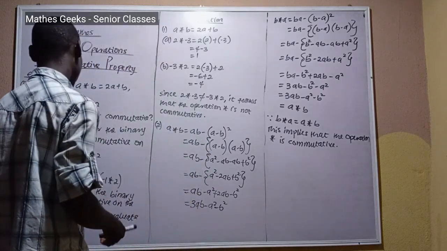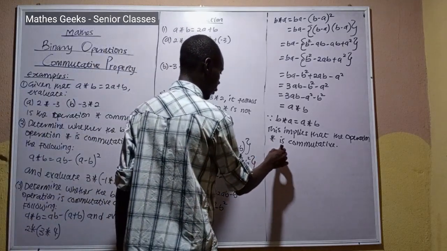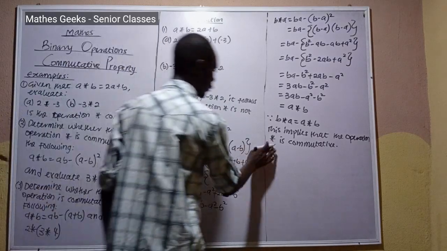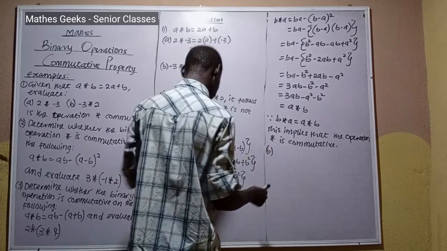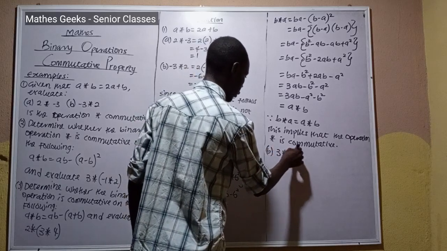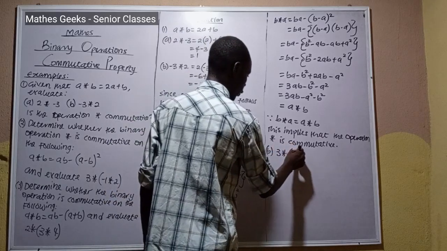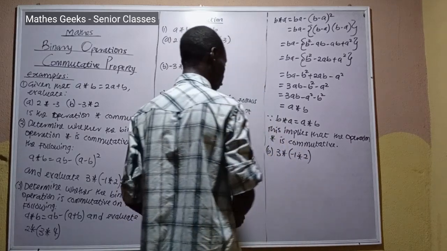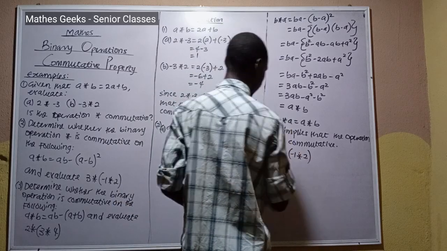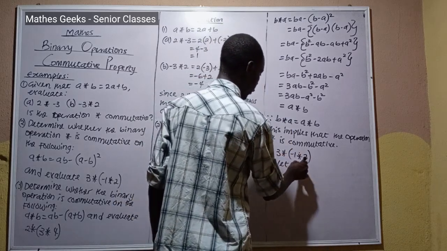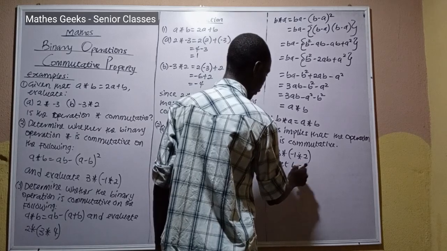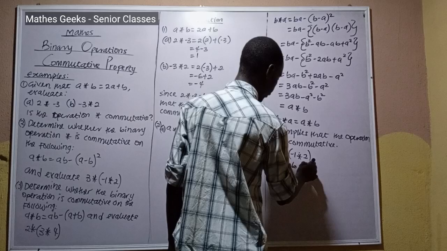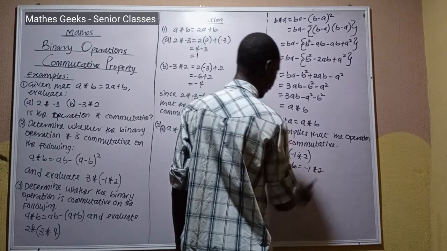Then it says evaluate 3 star minus 1 star 2. Let's call this the A part, and now the B part. So first thing we're going to evaluate is this part. Let B equal to minus 1 star 2.